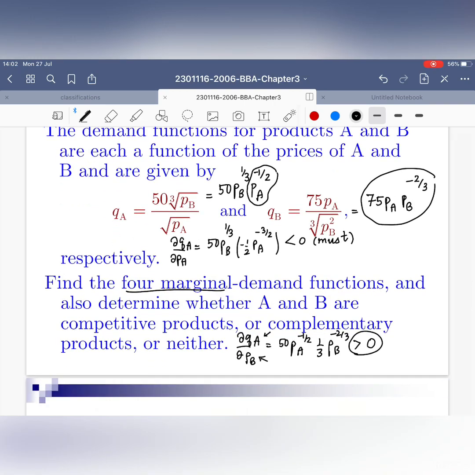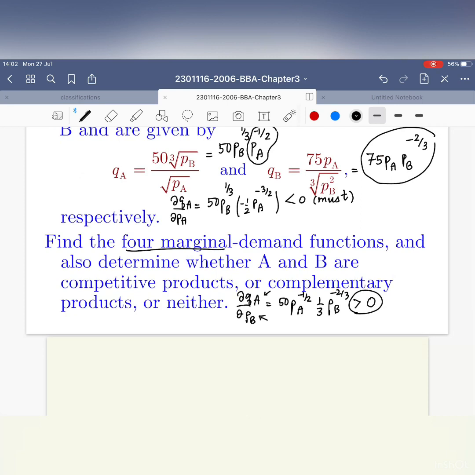So let us have another page here, and your QB, a derivative with respect to its own price, what do you expect? So this one, your price going up, this one must be going down, right? So let's see, this is a constant, derivative go directly to your PB raised to the power negative 2/3.